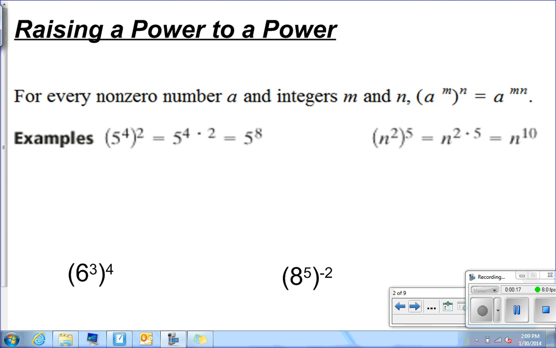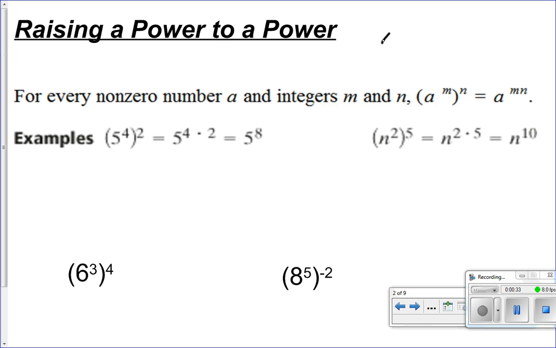Raising a power to a power. For every non-zero number a and integers m and n, if you have a to the m being raised to the nth power, you multiply the two powers. Before, we had, let's say, x to the 6th times x to the 8th, where it's x to the 6 plus 8.